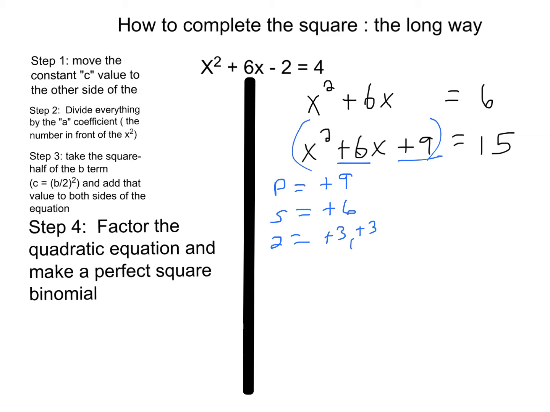So we're going to put this in our parentheses as x plus 3 times x plus 3 is equal to 15. But we should definitely write this in a more proper way. So we can say this is x plus 3 squared is equal to 15.